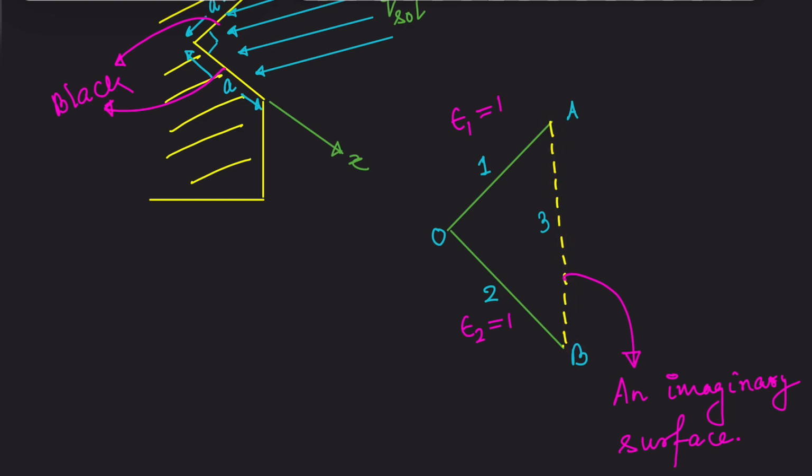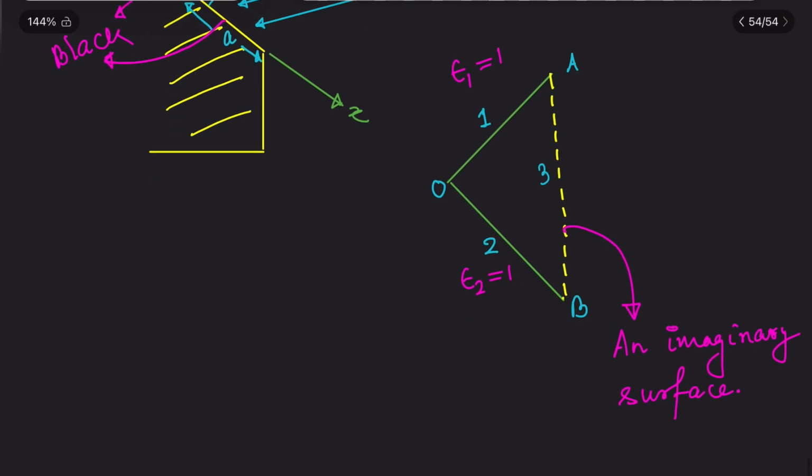And who absorbs everything? The answer is a black body. That means in this imaginary surface case also I should have epsilon 3 equal to 1. And now I don't want this surface to emit anything on its own.